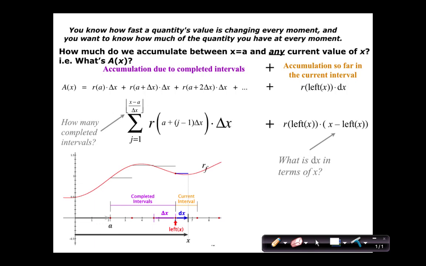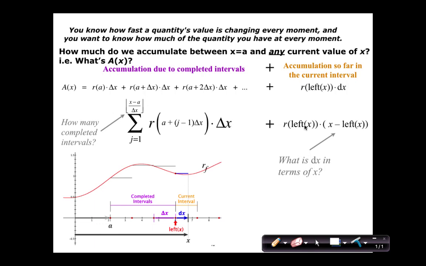And then I've got one term, and this is always going to be one term, that we use this abbreviating left of x in. And again, left of x can be written in terms of that a plus j, like that whole a plus floor function expression times delta x, but that's really messy.